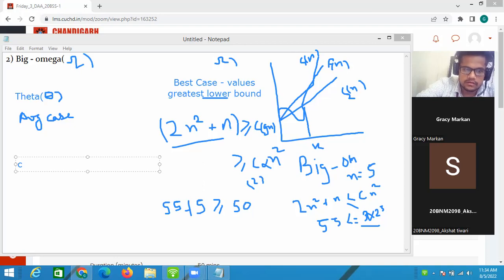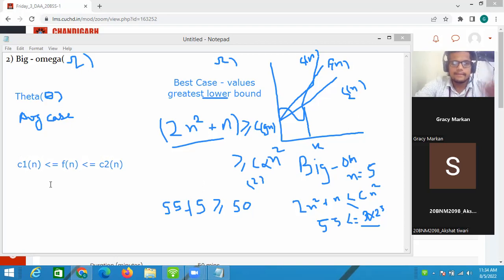C1 of n less than or equal to Fn, and that is less than or equal to C2 of n. Clear? So what does it mean? So this is the part. Let me mark.